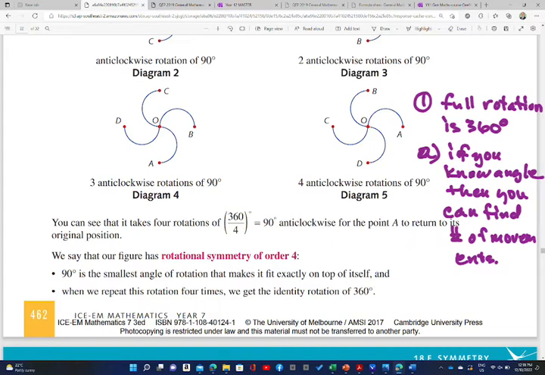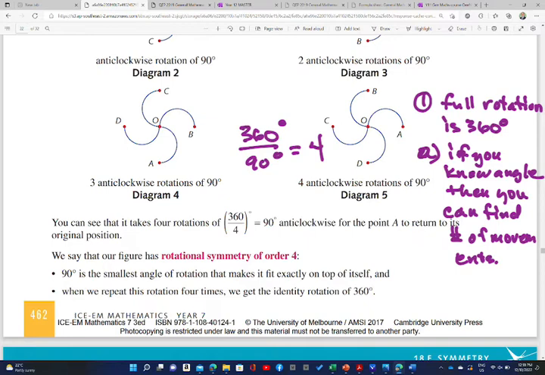So for example, if you want a complete rotation, that's how many degrees? 360 degrees. And if I'm rotating it 90 degrees, then I would simply take 360 divided by 90, which means that it would take 4 rotations of 90 degrees to make a full rotation.